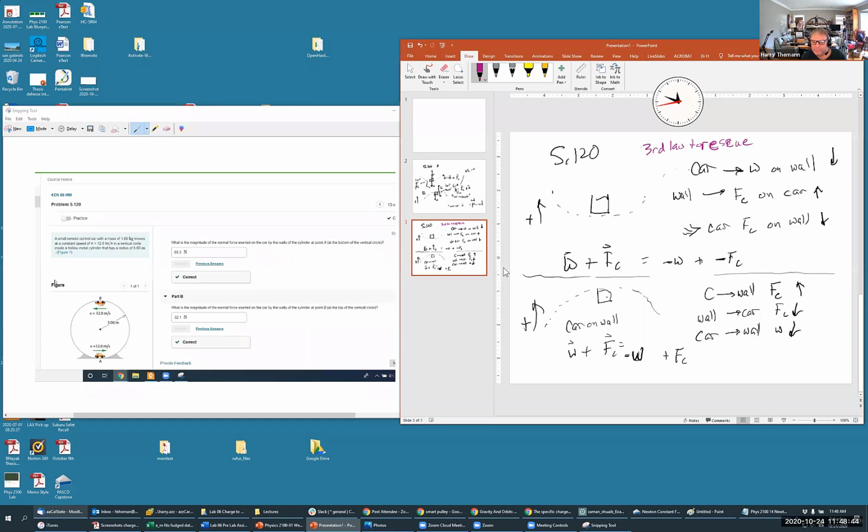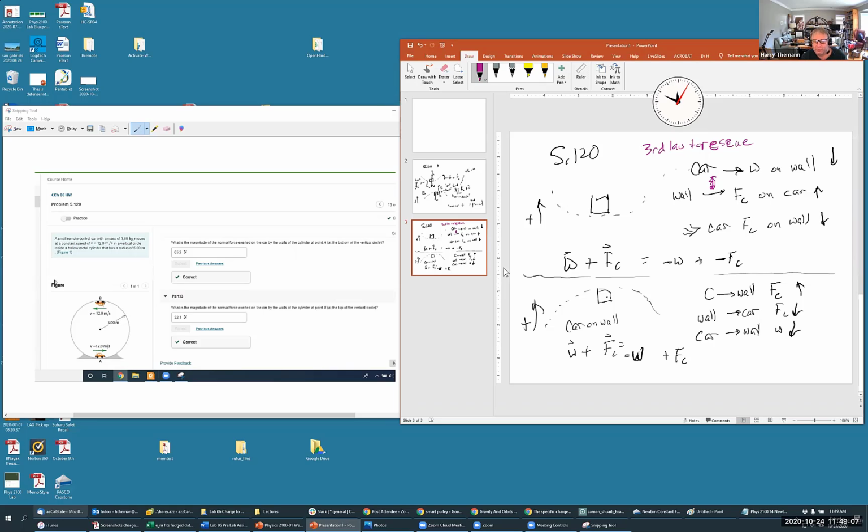The car is going to exert a force W on the wall, and it's down. So Newton's third law says to us that the wall will then exert, oh, sorry, that's not a third law pair.